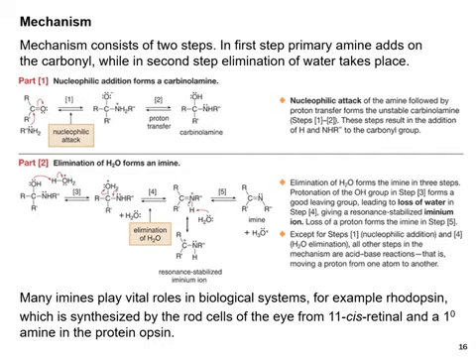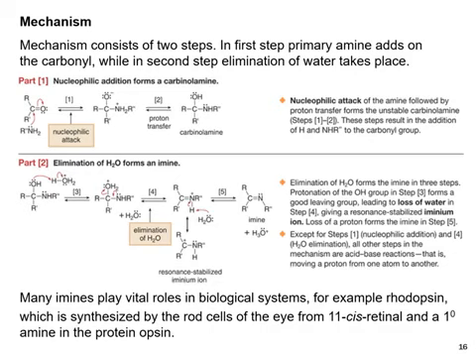Here you can see the primary amine attacks the carbonyl carbon, nucleophilic attack takes place, and we obtain this intermediate, which is called carbinolamine. Then protonation of the carbinolamine takes place, and the water molecule is removed with the help of the lone pair of nitrogen, giving the quaternary ammonium. Then water acts as a base, subtracts the proton, and finally gives the imine product.